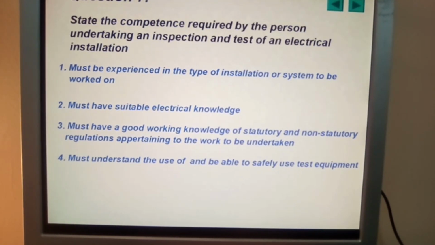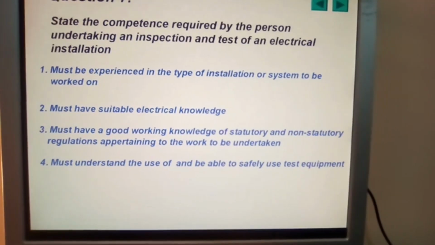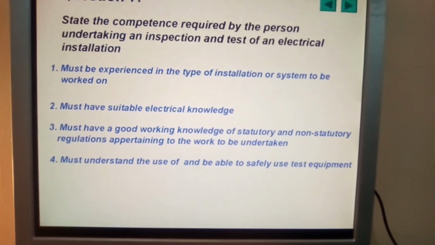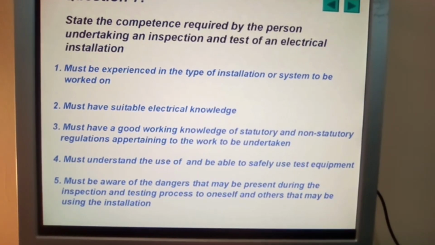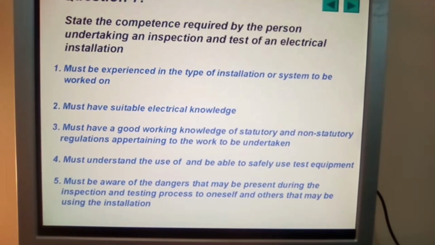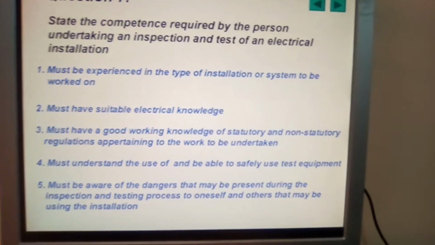Must understand the use of and be able to safely use test equipment. Must be aware of the dangers that may be present during the inspection and testing process to oneself and others that may be using the installation.